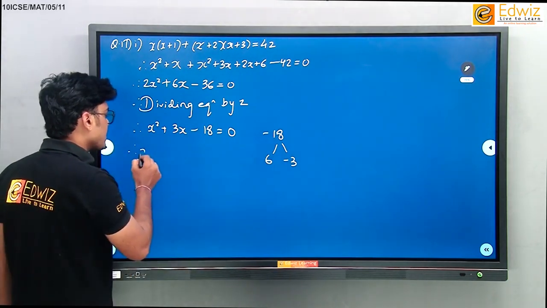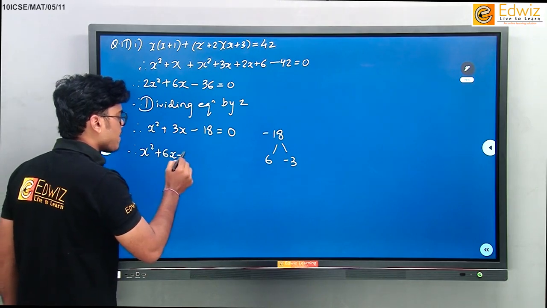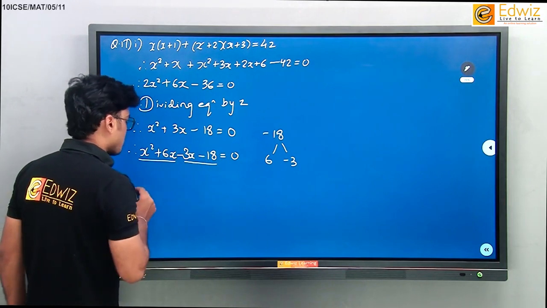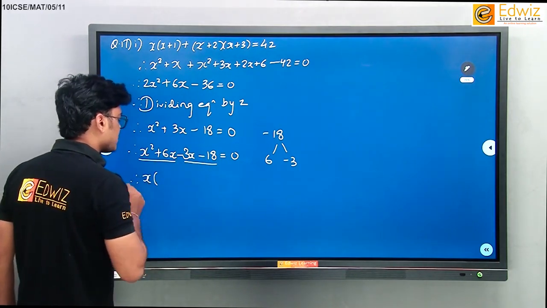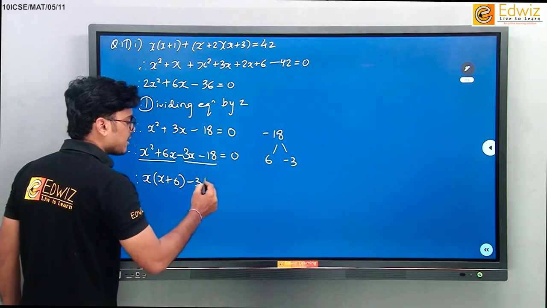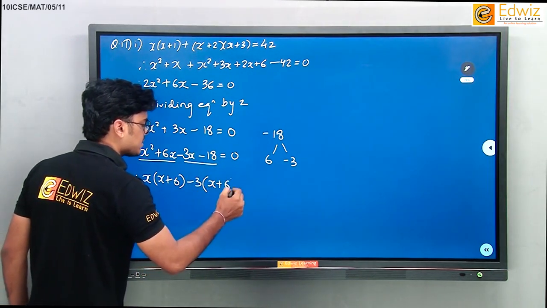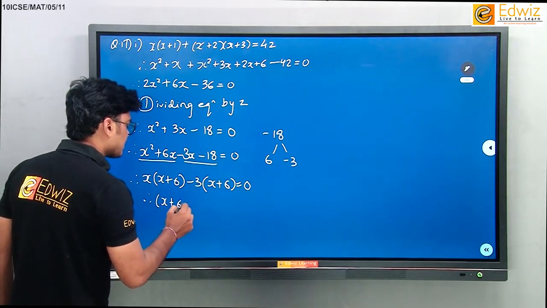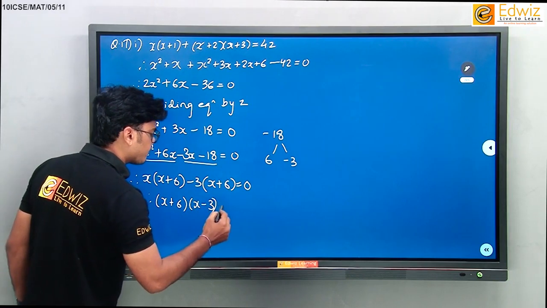So x square plus 6x minus 3x minus 18 equal to 0. Take the common terms. Here we can take x outside. It will become x plus 6 minus 3 outside, again x plus 6 equal to 0. Okay, so we have in one bracket x plus 6, in other bracket x minus 3.